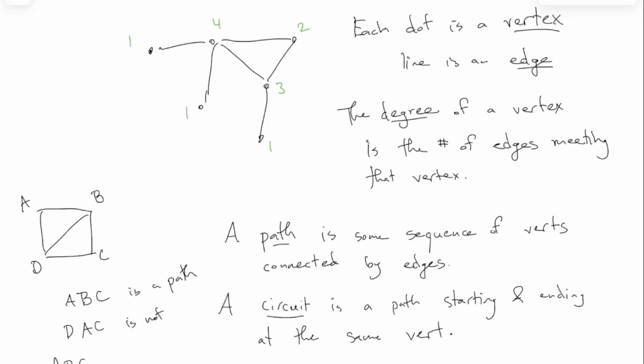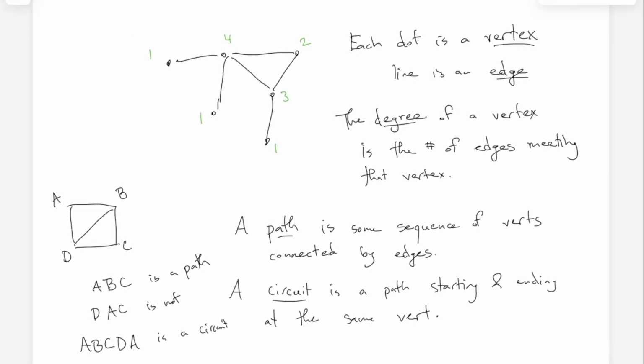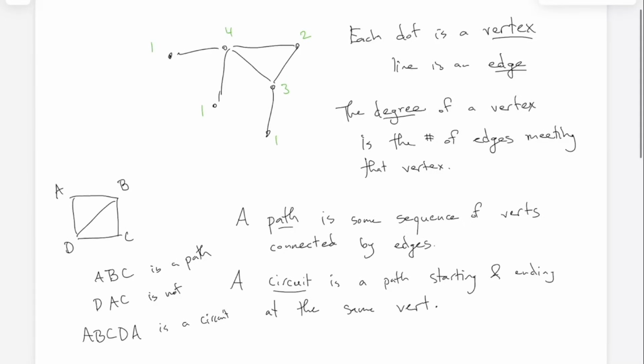So A, B, C, D, A is a circuit. Great. You could also say something like A, B, D, A, that's a circuit too. Okay, excellent. These are the basic terminology that we use to discuss graphs.